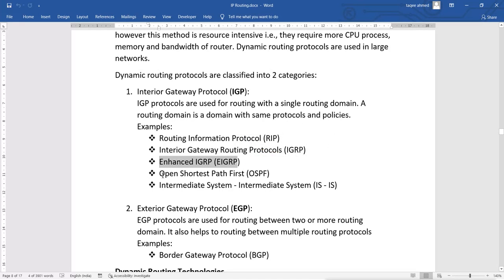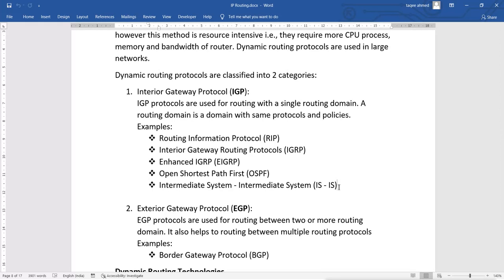Then we have OSPF, which means Open Shortest Path First. Then we also have Intermediate System, which we call IS-IS. These protocols are considered interior gateway protocols that are configured within the domain boundary.